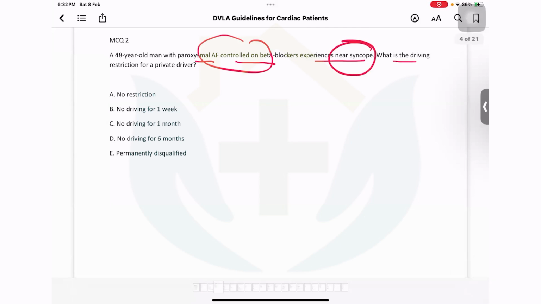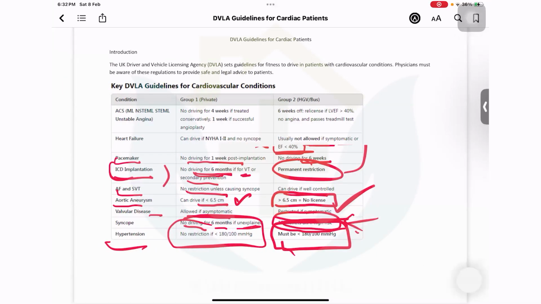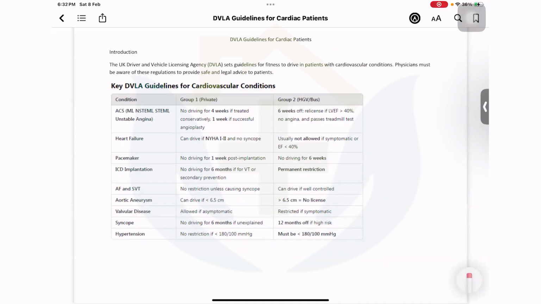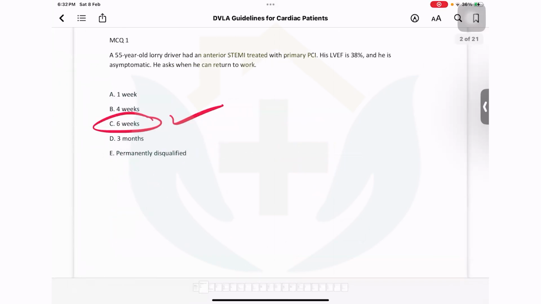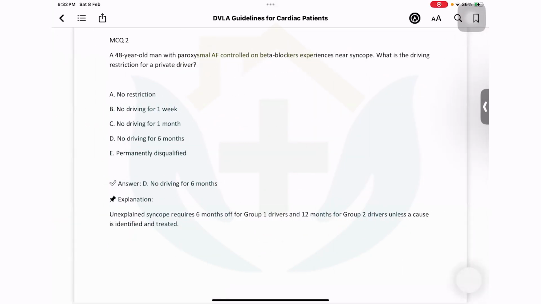Because this patient had a pre-syncope, we would restrict him from driving for 6 months. Unexplained syncope requires 6 months off for group 1 and 12 months off for group 2 drivers unless a cause is identified.